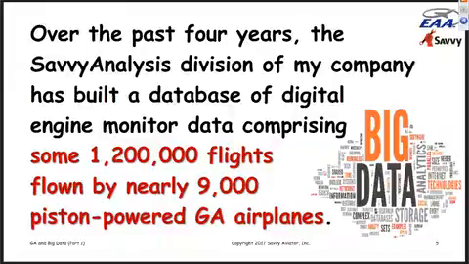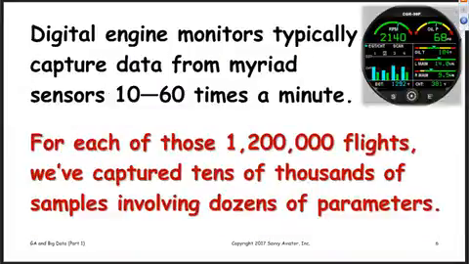We gathered this data by having aircraft that were equipped with digital engine monitors dump the data and upload it to our system, so that either they or we can analyze their data and help troubleshoot their engines and so on. But as a byproduct of that, we've been able to accumulate this very large amount of data.